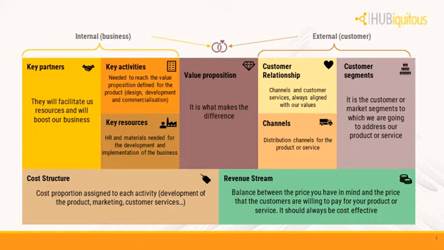And then we are going to define the cost structure that defines the cost proportion assigned to each activity, for example, the development of the product or the marketing or the customer services.